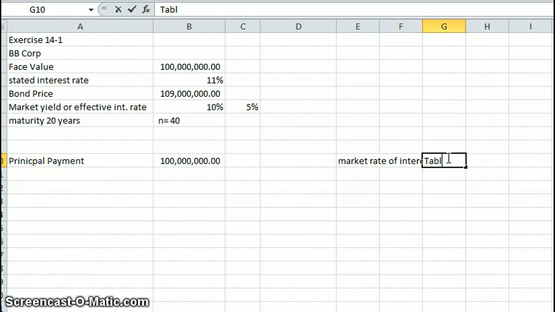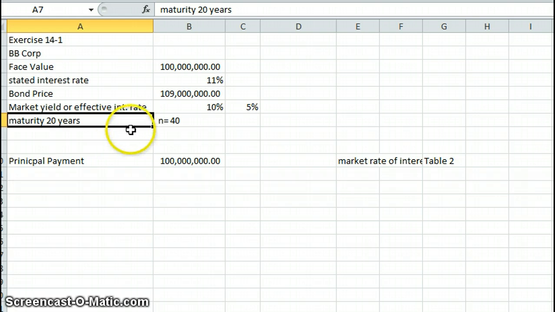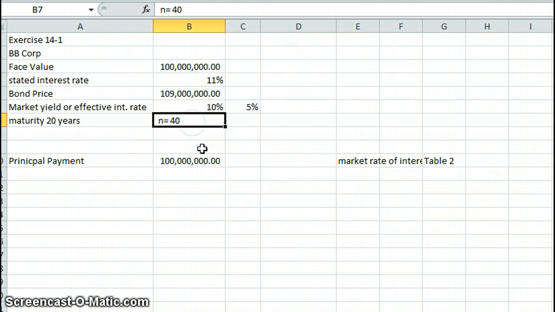This is Table 2, and it is labeled present value of $1, which stands for present value of a single payment. And our number of periods, we're going to use 40 because there's 40 interest payments. Semi-annual interest will be 5%, so it's our effective or market rate of interest divided by 2. Twenty years is our number of periods, but we're getting paid twice a year, so 40 periods in total.